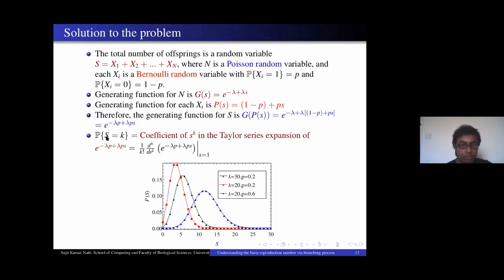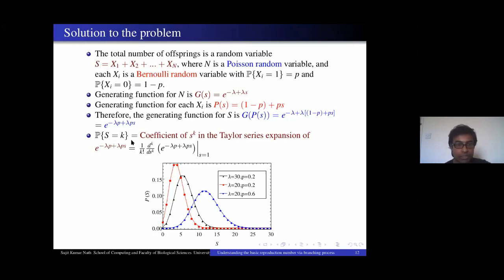If I ask what is the probability that the number of offsprings will be k, this probability can be given by just the kth term of the Taylor series expansion, because this is a power series, and since the Taylor series expansion is unique, just the coefficient of s to the power k is basically the probability of S equal to k in the generating function G of P(s), or the probability of this random sum.